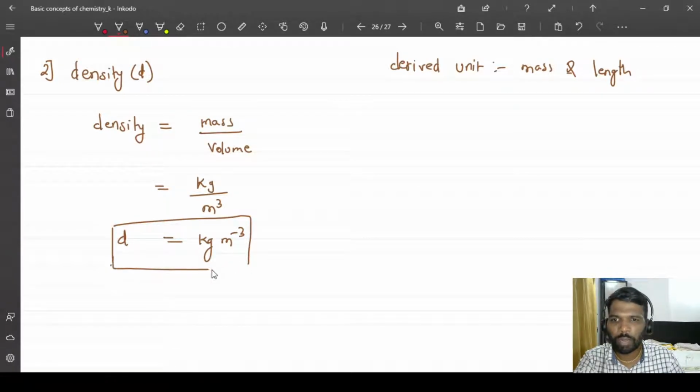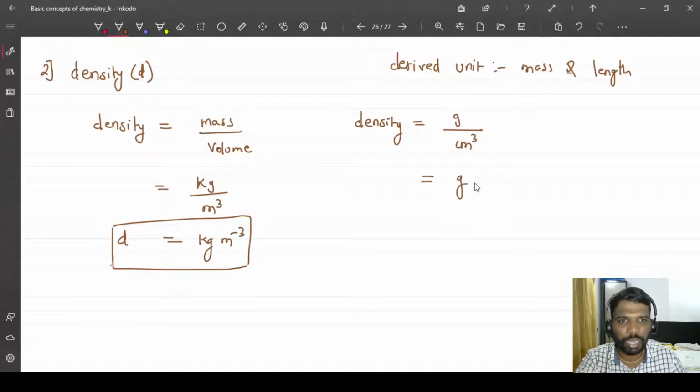Now what about if I am expressing the same density, let's say mass is grams and volume is centimeter cube.